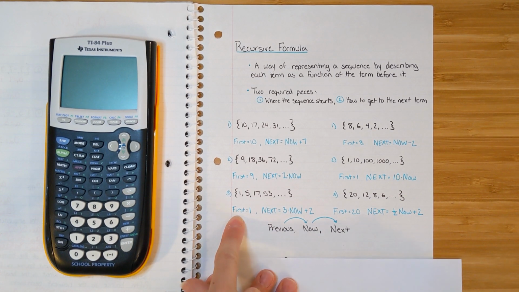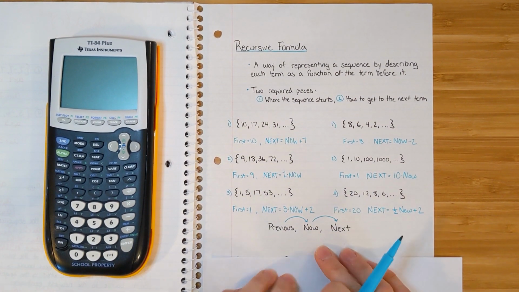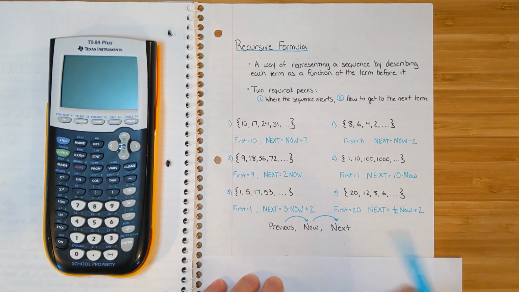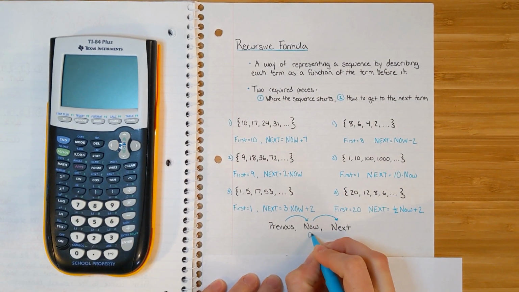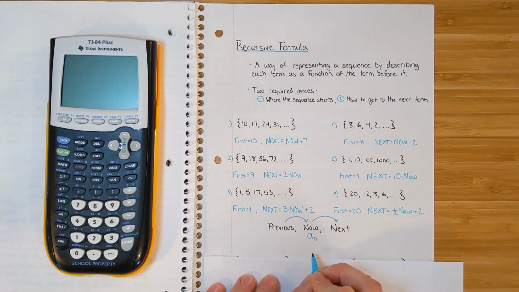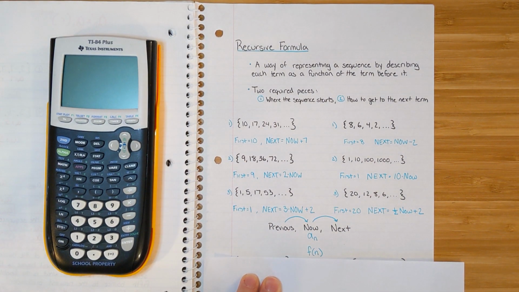You know that first is going to be represented by a sub 1, so I'm not going to go through that here. But the term that we're at now, the current term or the current spot in the sequence, we're going to use a sub n, or we also learned about it in function notation as f of n. That's how we're going to represent the term now.